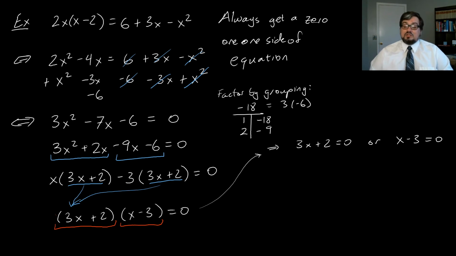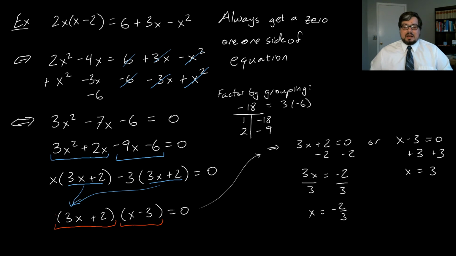And again, we can solve each of these separately. So the equation on the right has a solution of x equals 3. We can subtract 2 from both sides here, divide by 3 to get x equals negative 2/3.